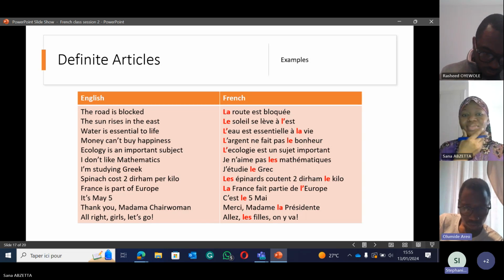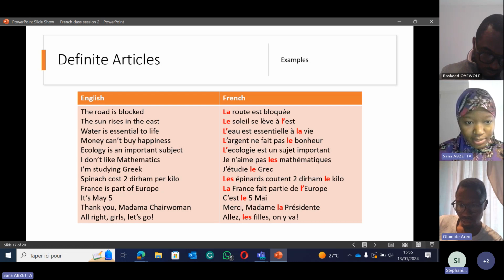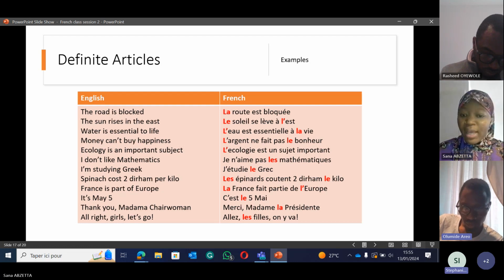What's the difference? In English, you have the verb being part. If you want to translate it in French, being is translated as faire and part as partie. That's why you have la France fait partie de l'Europe.